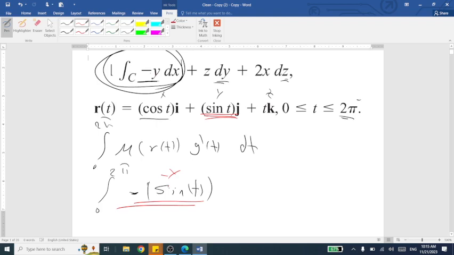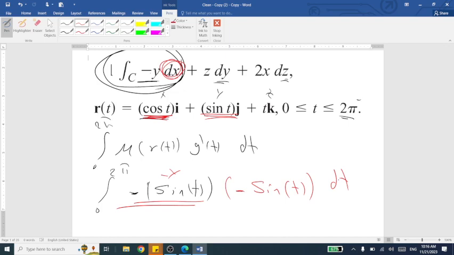Do you agree? How about dx, equal to what? Here's x, right? Derivative of x and dt. Is that clear?